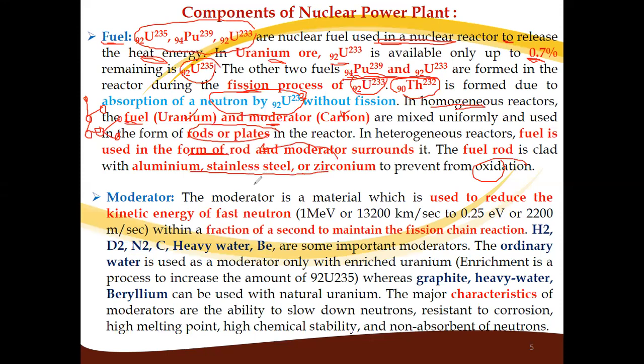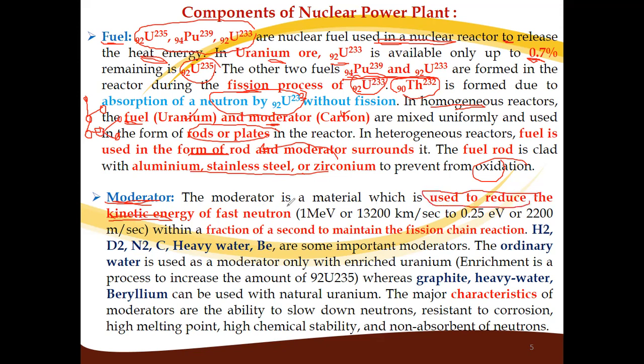Now we have another part of the nuclear reactor, that is the moderator. The moderator is a material which is used to reduce the kinetic energy of the fast neutron. This is the main function of the moderator.